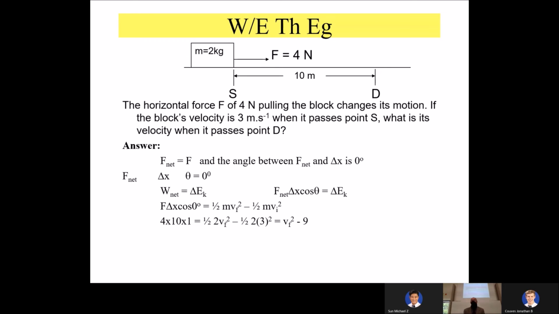So why is the work W net not just 4? It's 40. Oh, 4 times 10. Oh, flip. Which other bit?